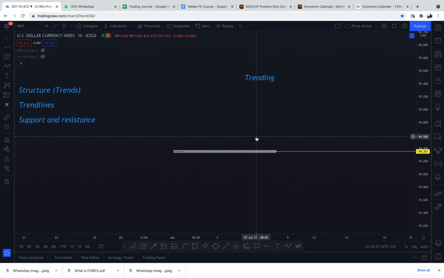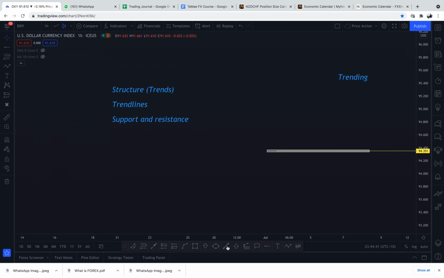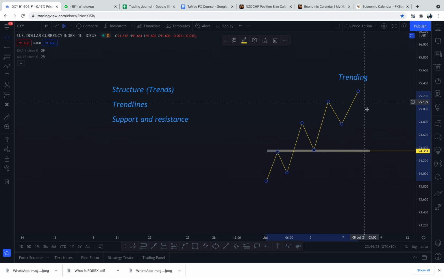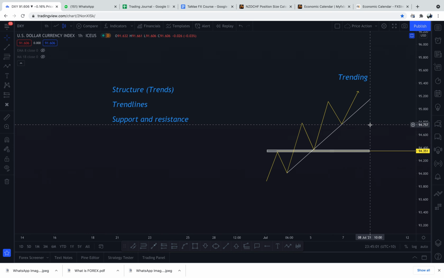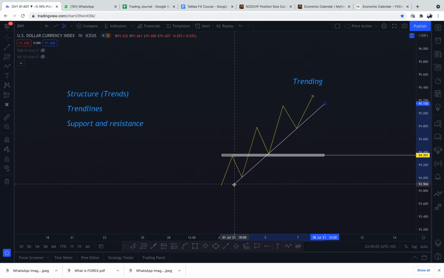Then we have support and resistance defined in trending markets as a trend line instead of this horizontal support and resistance. If price is moving like this, then it breaks, retests, goes up, we can define this trend line as support, because it's finding support over here.